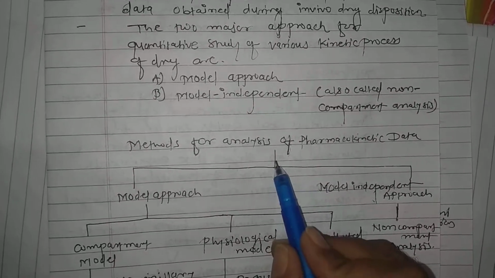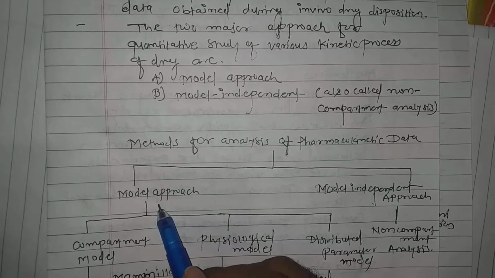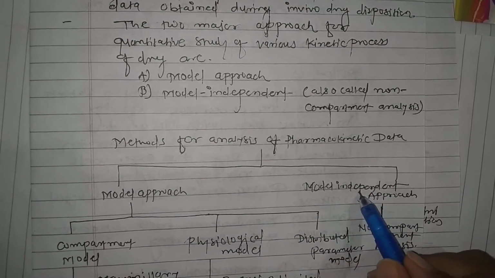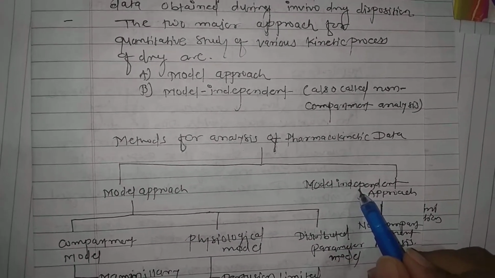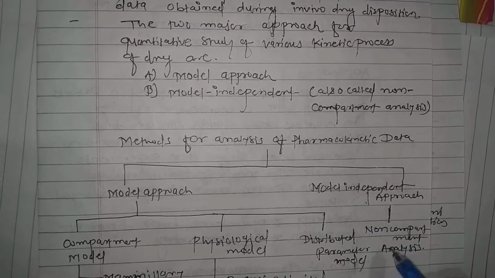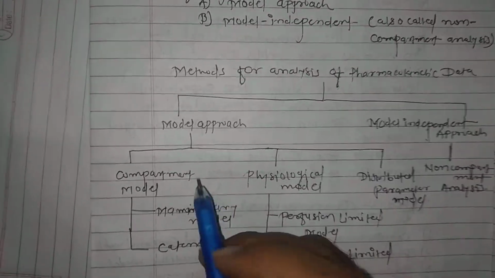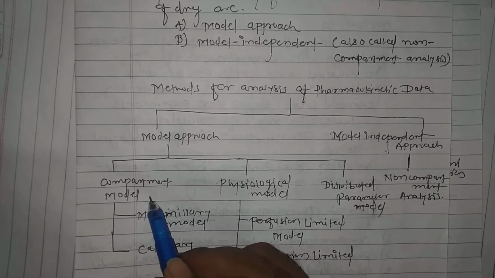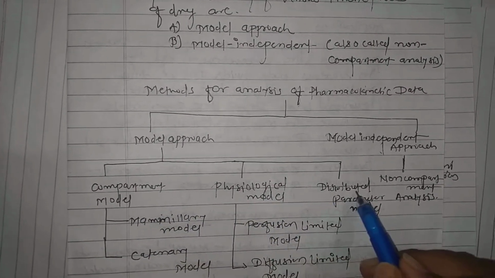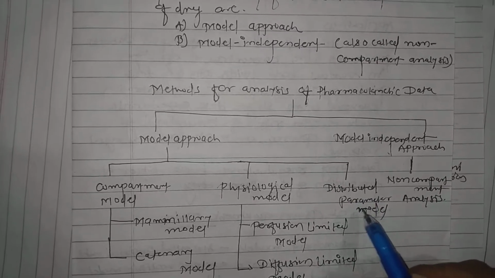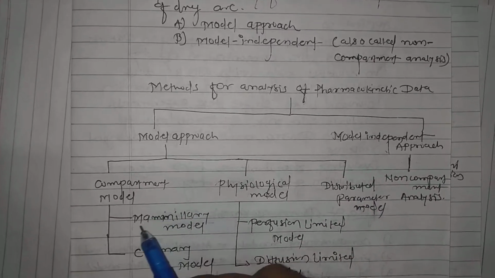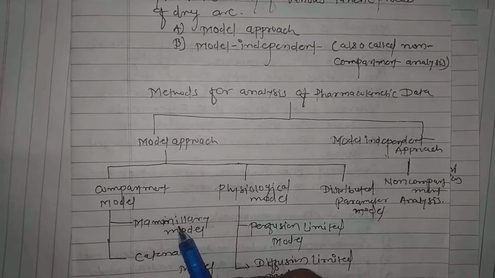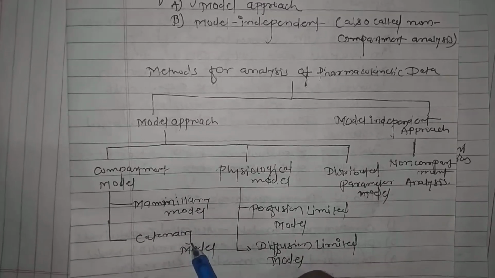They are broadly classified into two: the model approach and the model independent approach, that is the non-compartment approach or analysis. The model approach is again classified into the compartment model, physiological model and distributed parameter model. The compartment model is again classified into the mammillary model and the catenary model.